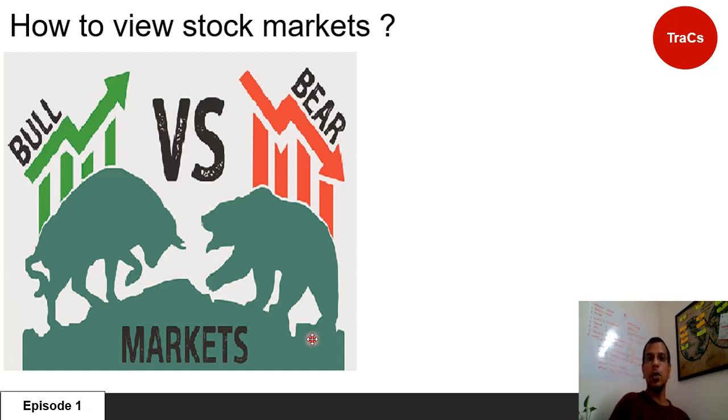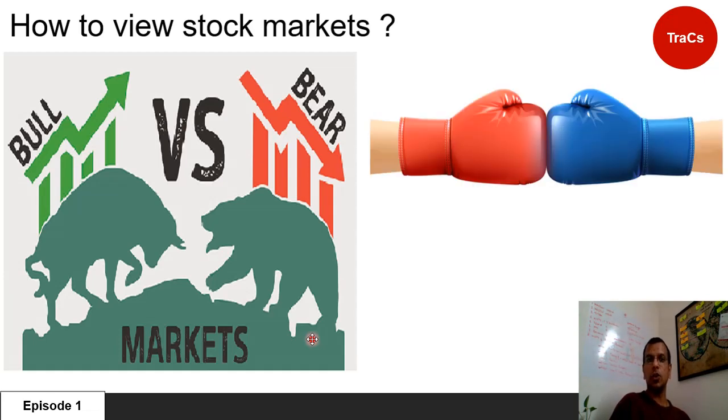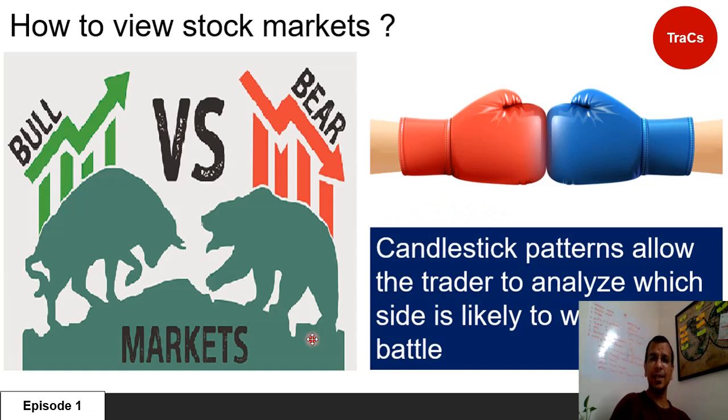A trader usually looks at stock market like a boxing match between the bear and the bull. And based on the outcome of the match, he tries to put money into the stock market and make profits. That is exactly where patterns and charts help us, because it helps the trader to analyze who is most likely to win the battle. Let's take an example once again to see how it works.